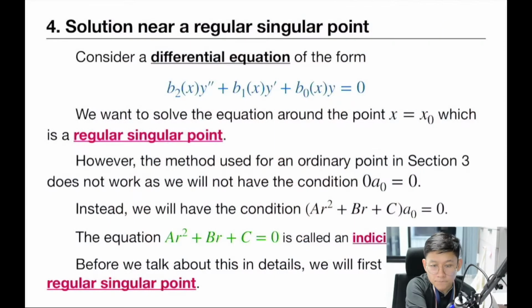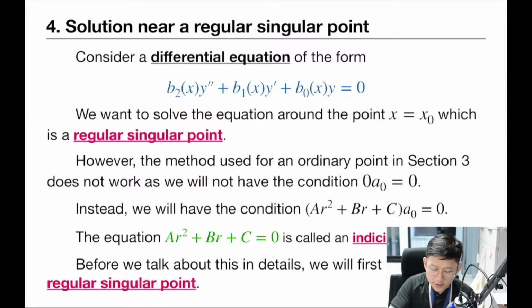So let's begin. To begin the fourth section, we first talk about the problem. We want to find the solution to this equation, the one that we have been doing before, around x equals x0, which is a regular singular point.